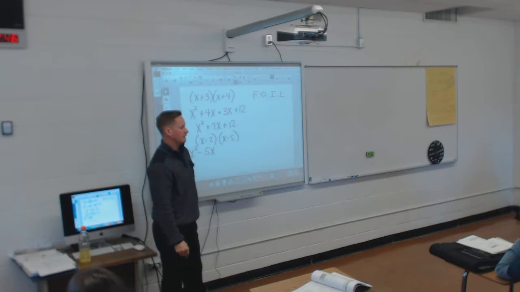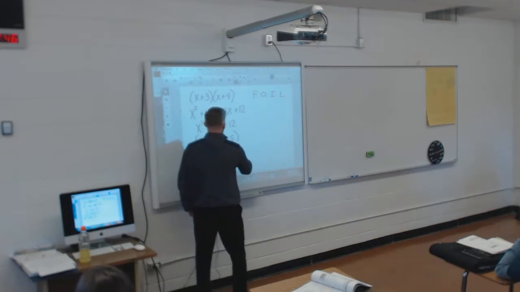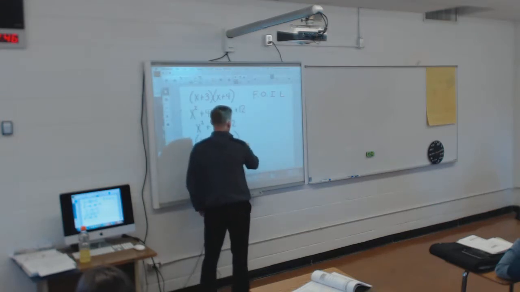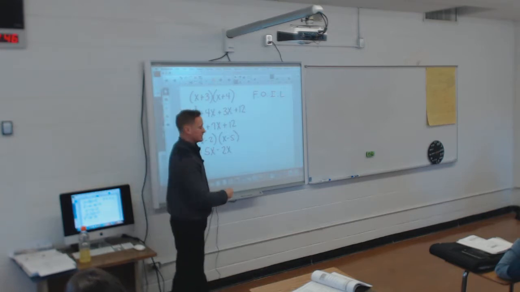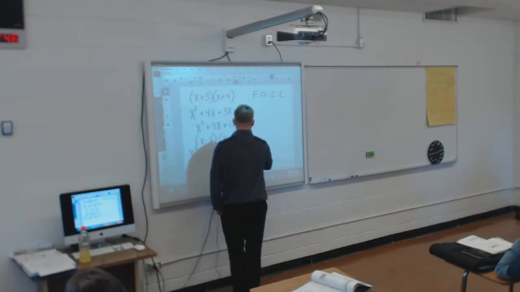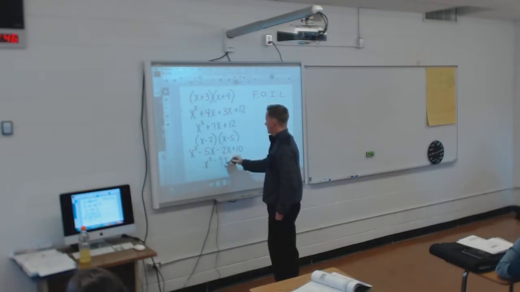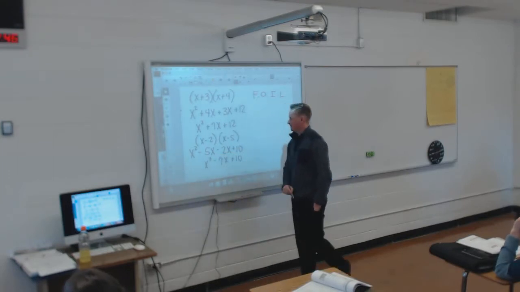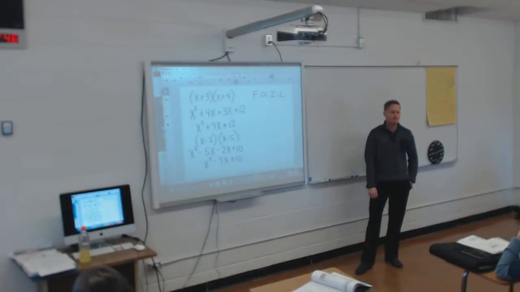And then inside, which is 2 times x, negative 2x. And then last, negative 2 times negative 5, positive 10. x squared minus 7x plus 10. Okay, so far? That's FOIL.